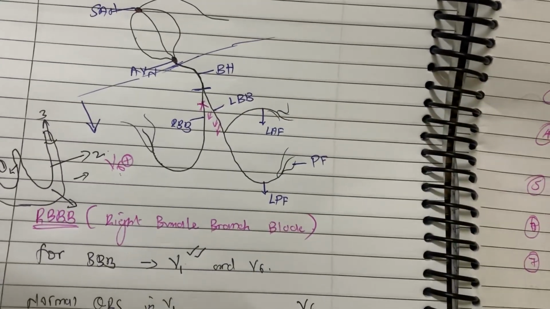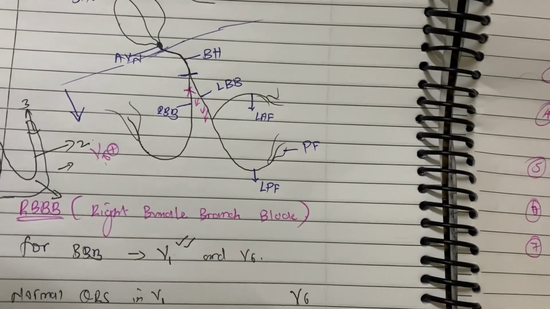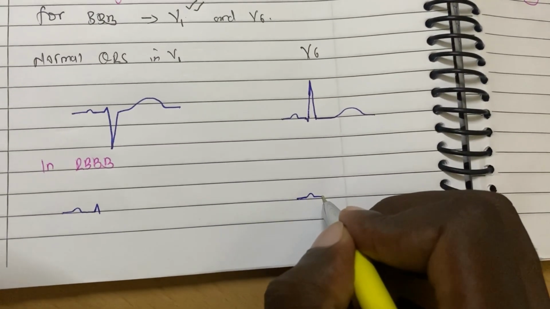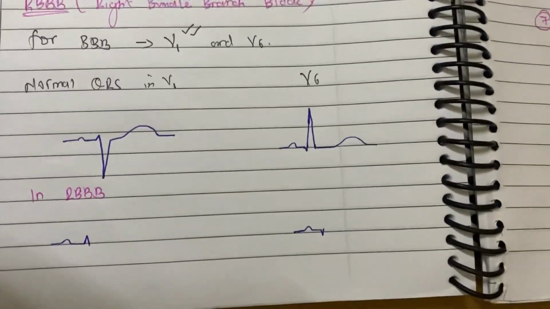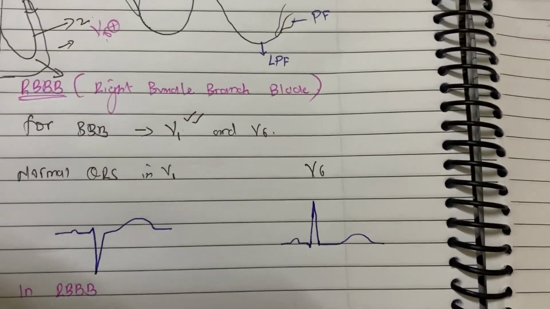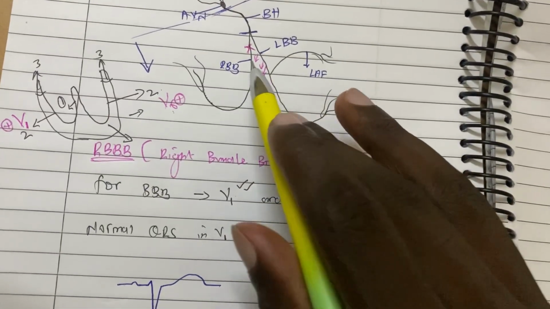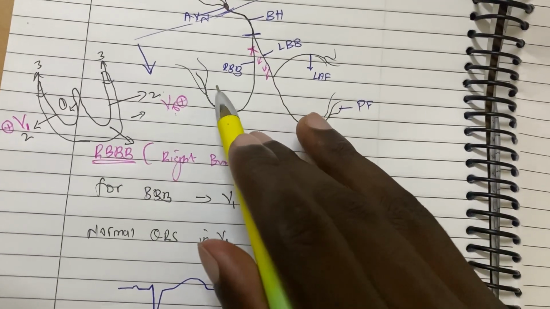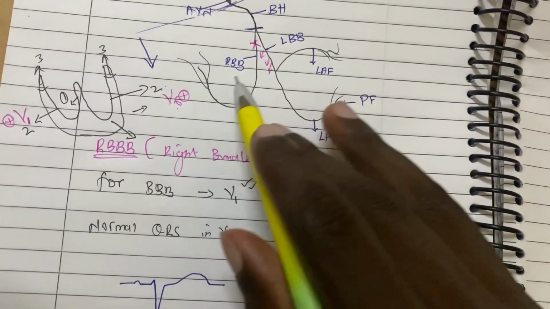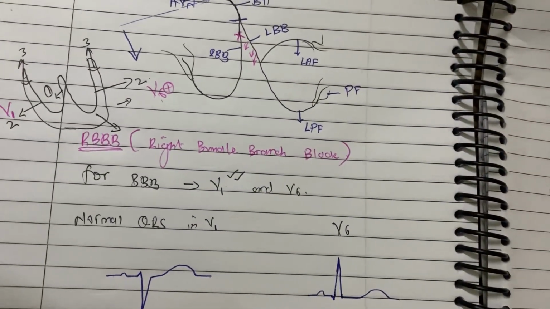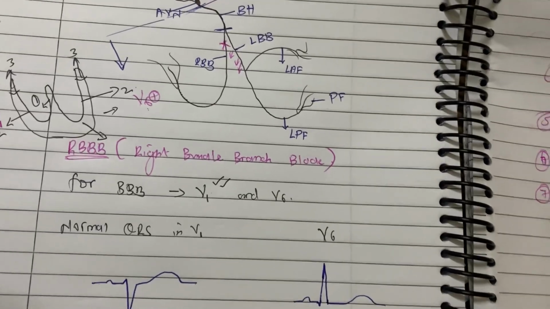So R is undisturbed. What happens in V6? Still Q is undisturbed. It is still there. Now for stage 2, since this one is working and this one is not working, this one will be slow through the non-specialized conduction tissue, and this one will be fast towards the left side, the left ventricle, through the specialized conduction tissue.